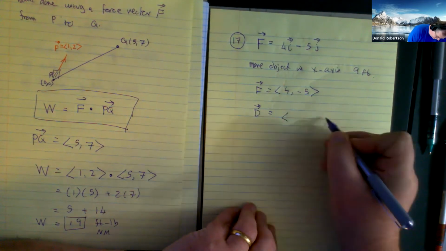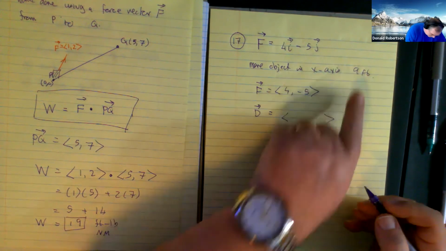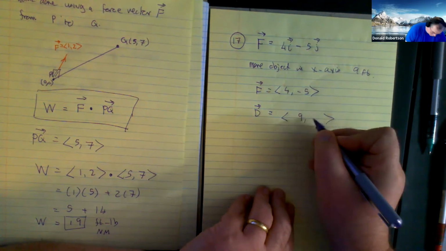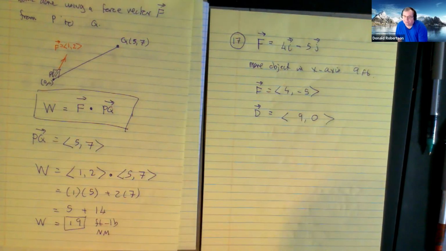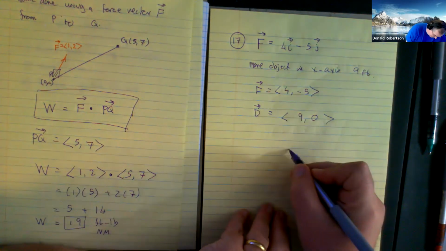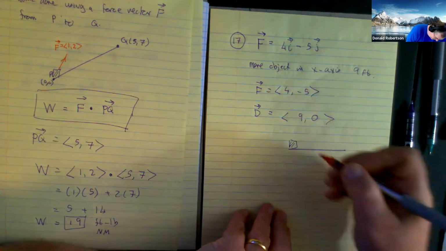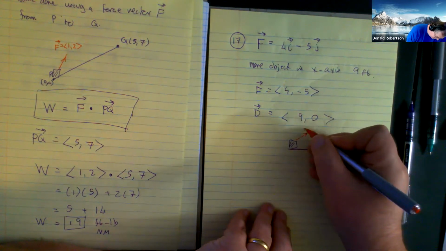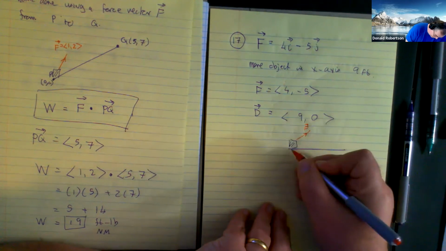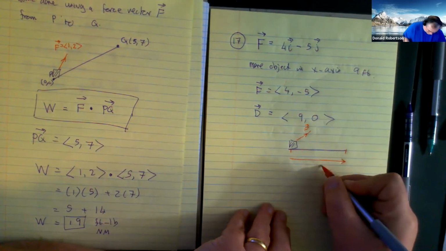And in this case, if you're moving in the positive x, 9, won't that just be simply 9, 0? Right, if you're only moving it, so can you imagine what's happening? Here is my block. He's pulling it in that direction, and it's starting here and it's finishing here, and that is 9 feet of movement.